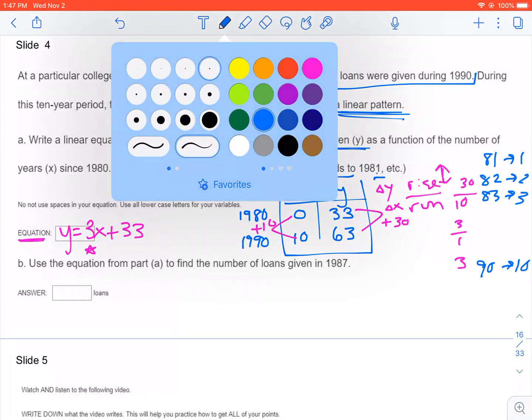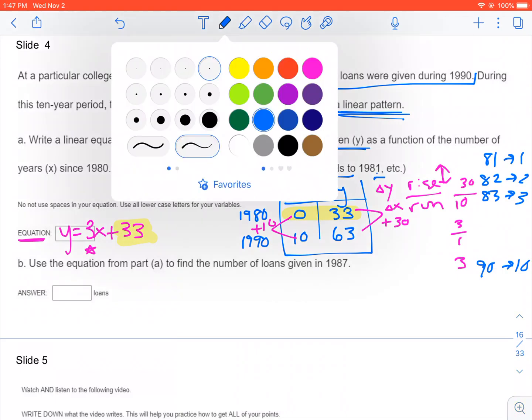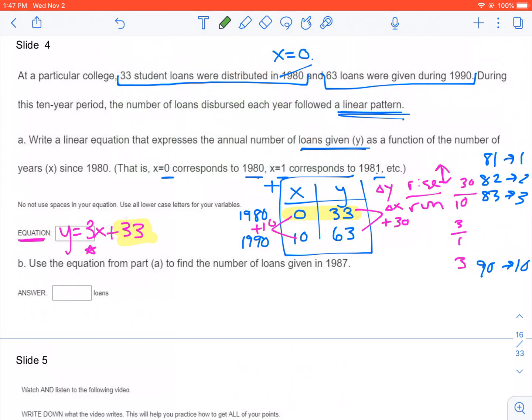The 33 for this one is easy because they've given us a 0 x value. And that's where that 33 comes from. Where do you start? We're starting at 33. So all the pink stuff is how you would do it by hand if you wanted to. The stuff that you would show me to get full credit using Desmos is the stuff in blue, and also y1 ~ mx1 + b.